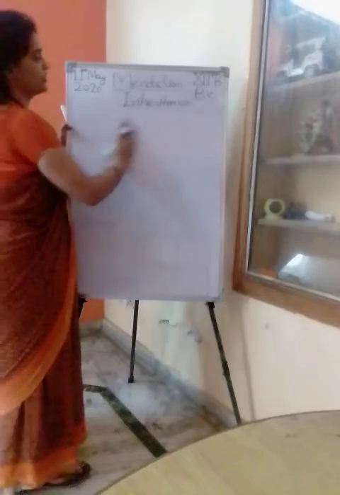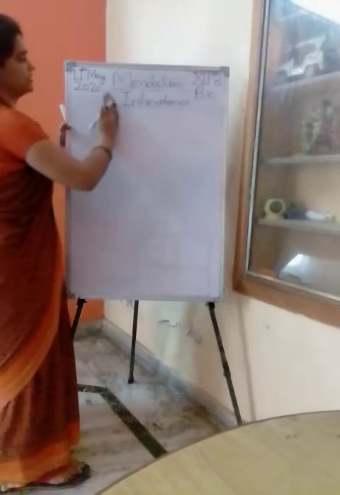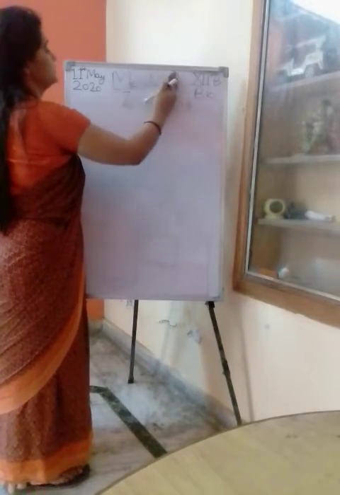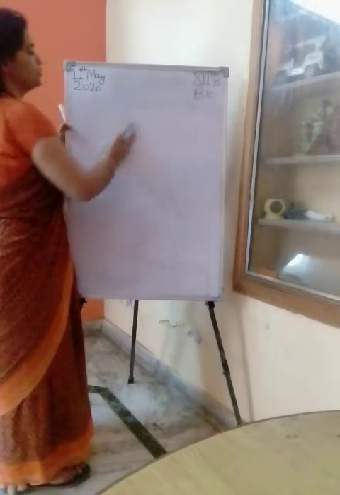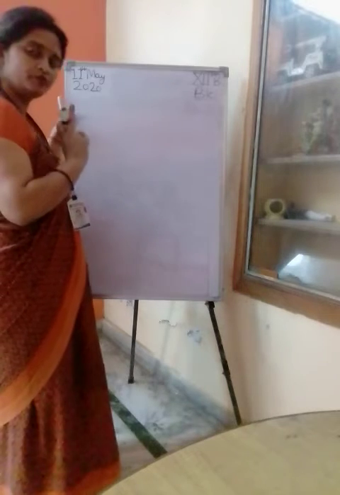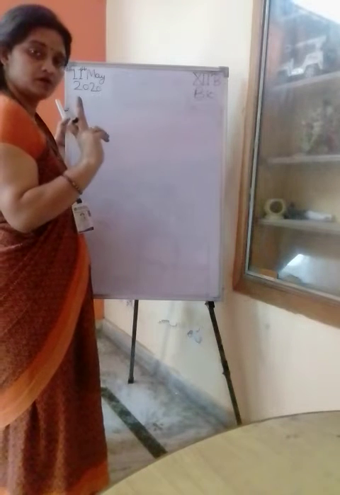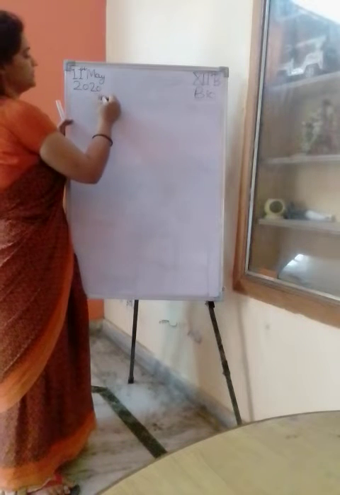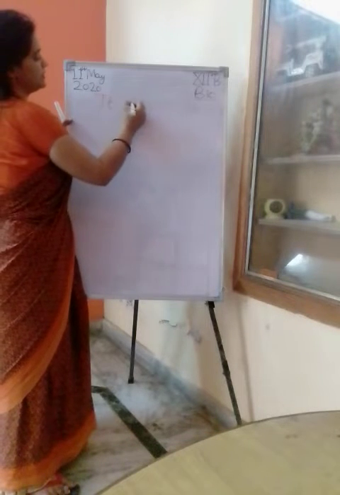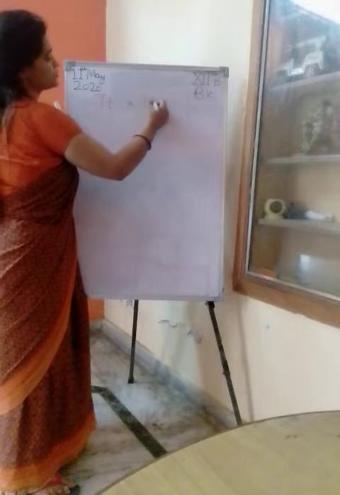Now, how can you draw this law? What is the law of segregation? In the first law, you get the F1 generation, capital T, small t, capital T, small t.